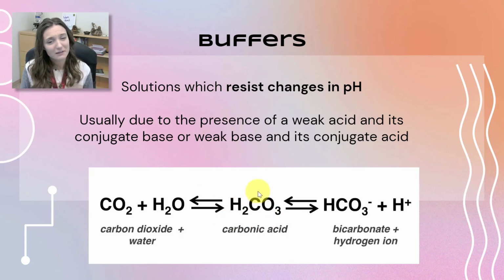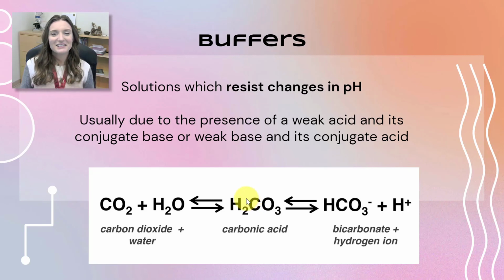After it's donated a proton, we call this HCO3 minus its conjugate base, because in theory this molecule right here could accept a proton. So acid, conjugate base. Each weak acid dissolves into its conjugate base. This buffer right here, this is the buffer that keeps us alive.